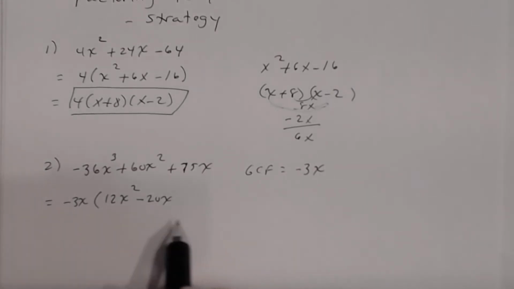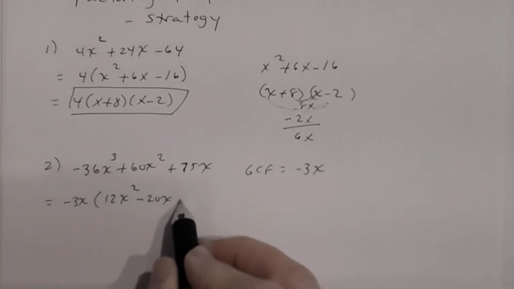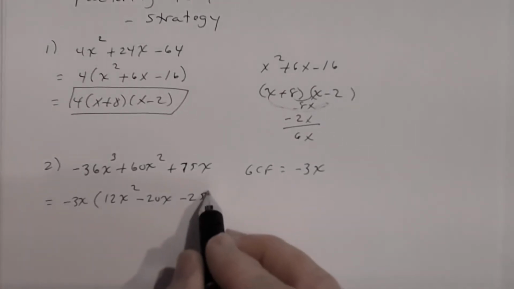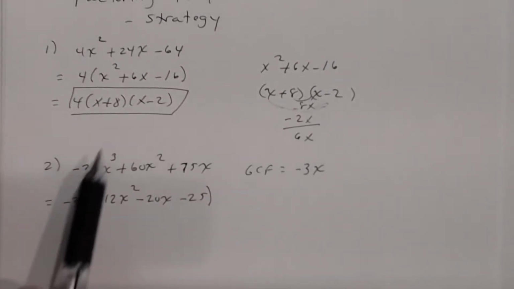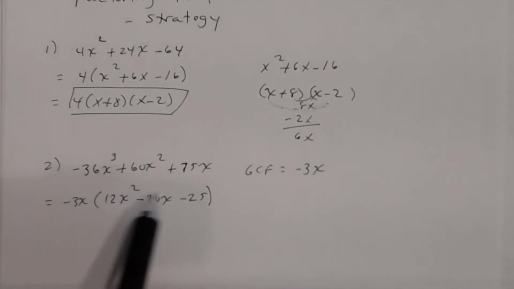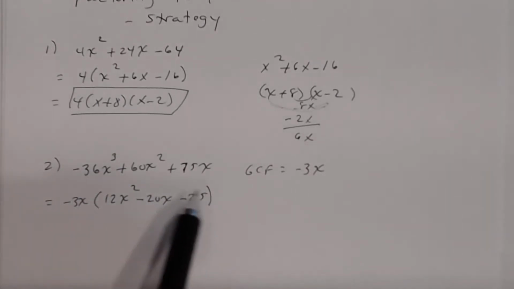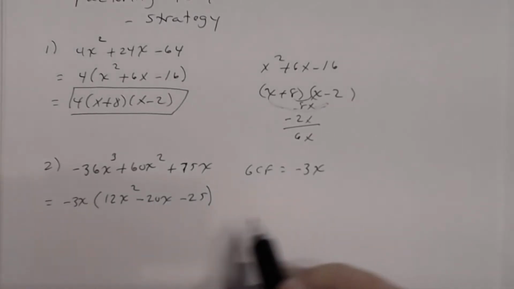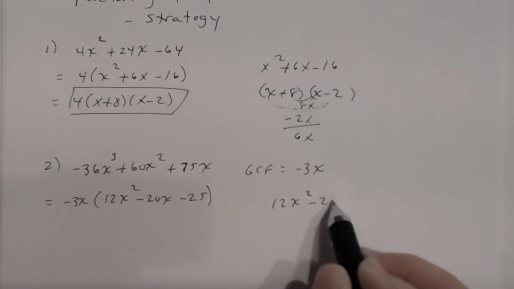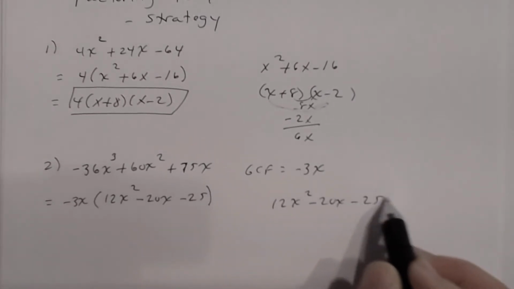A negative 3x times a negative 25 is a positive 75x. All right, now, just like we did here, go and deal with this on the side. See if you can factor this further, because remember, you got to factor completely. So I'm going to go ahead and rewrite this. So I get 12x squared minus 20x minus 25.